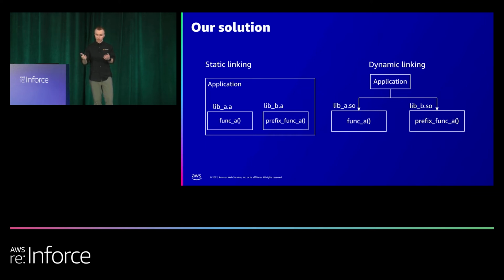This is extra valuable for S2N TLS because they can then bundle us inside their library as a static artifact and be completely transparent to customers about what cryptographic toolkit they're using. And this lets S2N TLS move their customers onto us seamlessly.